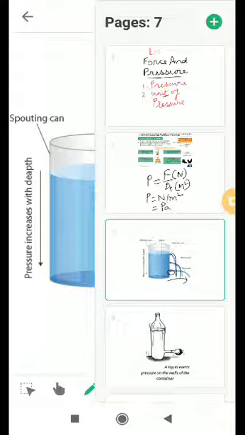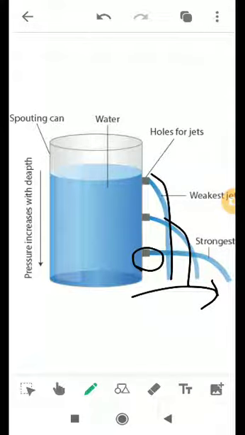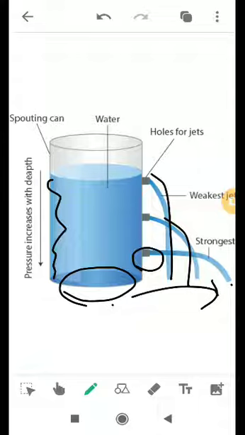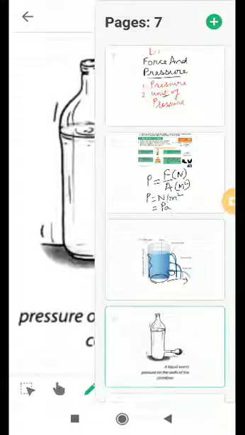Okay, and liquid exerts pressure towards the sides of the container, toward the walls of the container, as well as at the base of the container. Alright, let us see the next.